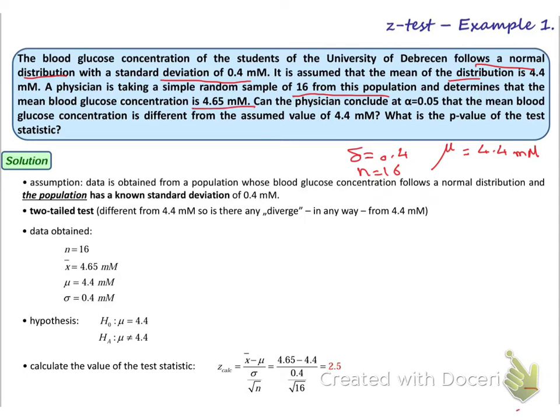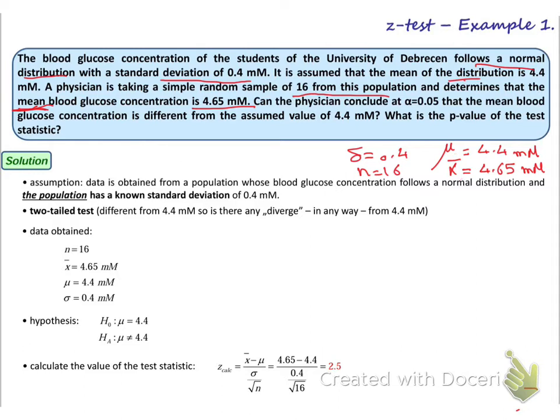So this is the mean of the sample, which is x bar, 4.65. Here the first mean was for the distribution, that's why we put it as mu, and here x bar is the mean of the sample.